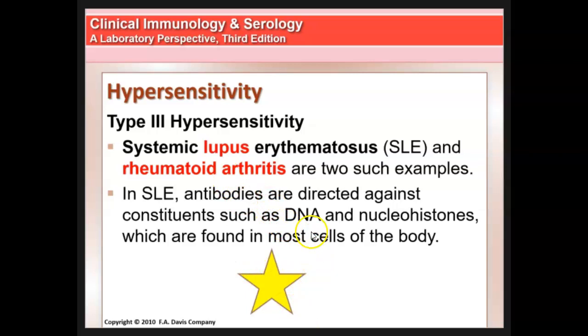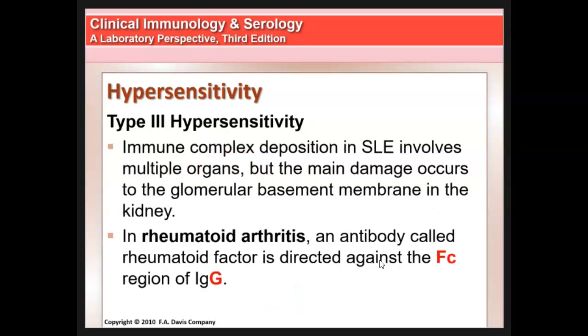For lupus patients, these patients have a high titer of anti-Smith antibody, but the important thing to remember is that in rheumatoid arthritis, there's an antibody called rheumatoid factor, and this is such an interesting antibody. The human body, your own body, produces an antibody against the Fc region of your own IgG antibodies.